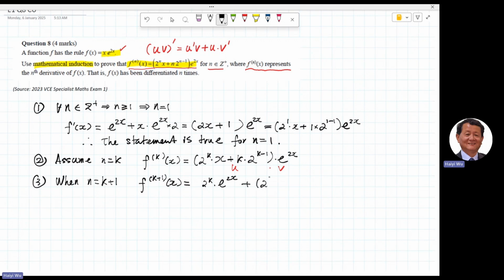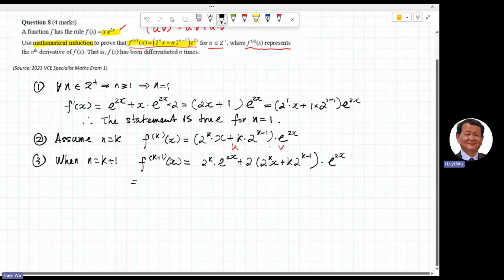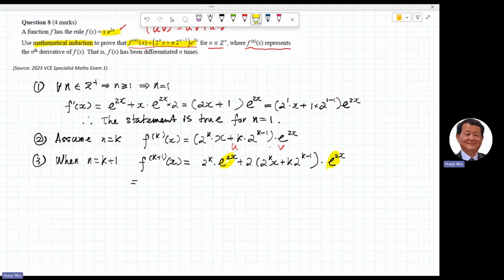We copy u down, and times the derivative of v, which is e to the power 2x, then times 2. So we put a 2 in the front. Now I can take the common factor out.